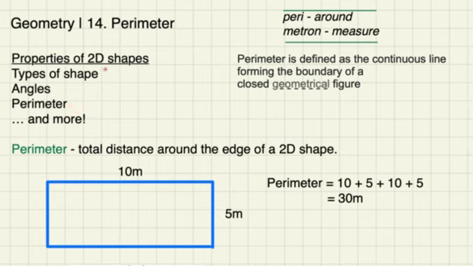the perimeter. Now, the perimeter is defined as the continuous line forming the boundary of a closed geometrical figure. So whatever the geometrical figure is, the boundary line of it is the perimeter. Now, the word perimeter comes from two Greek words, peri, meaning around, and metron, which is measure.